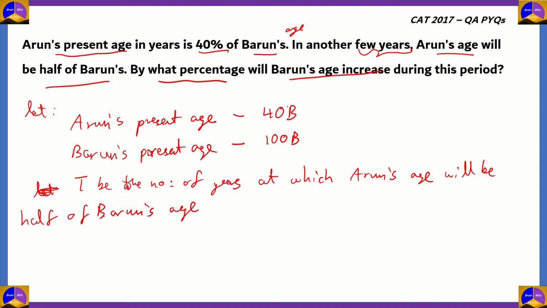So we'll be adding T to both 40B and 100B. Now, we know that in another few years, or T years, Arun's age will be half of Barun's. So representing that statement, it'll be 40B plus T, which is Arun's age, will be half of Barun's age. So that means 100B plus T over 2.